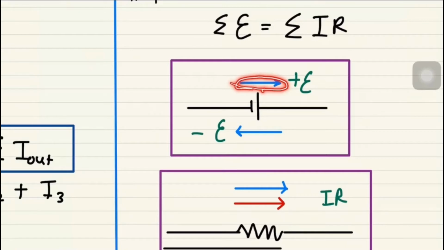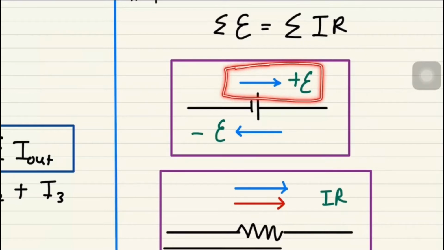Let's say you decide it goes to the right. Ignore the bottom part for now and focus on the top. So we decided that the loop direction is in this direction. Referring to the EMF over here, it is going out from the positive terminal along the loop direction, so it is positive EMF.